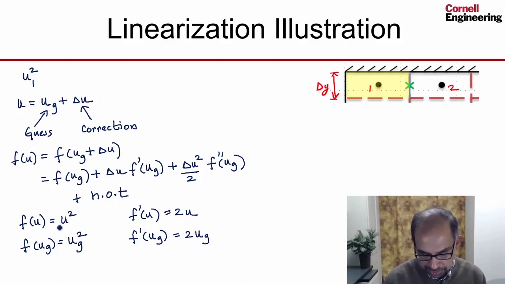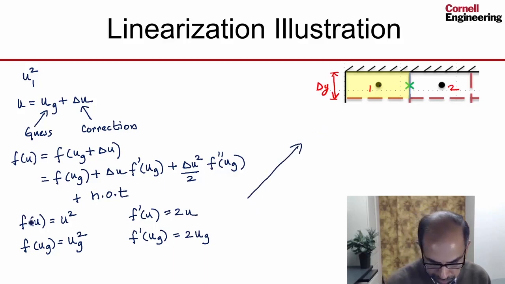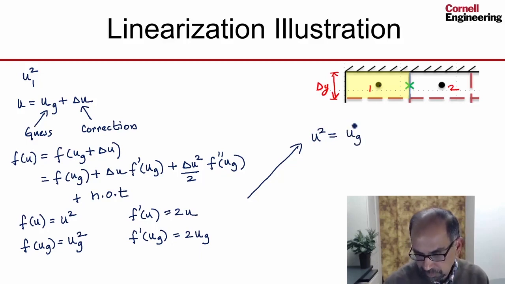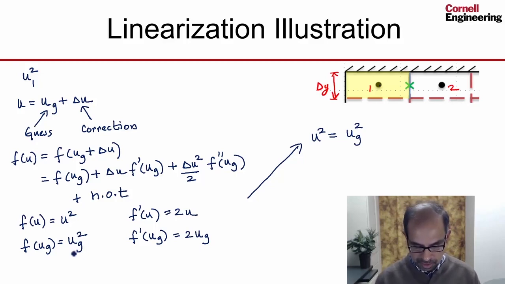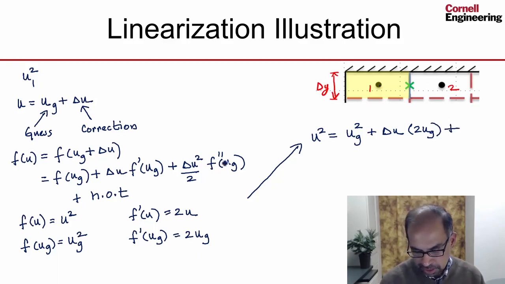If I put these back into the Taylor series expansion, I will get this. I'll get u squared is u guess squared, plus the correction times f prime of u guess, that's 2 u guess, and then I will neglect this term, so I get a linearization error.